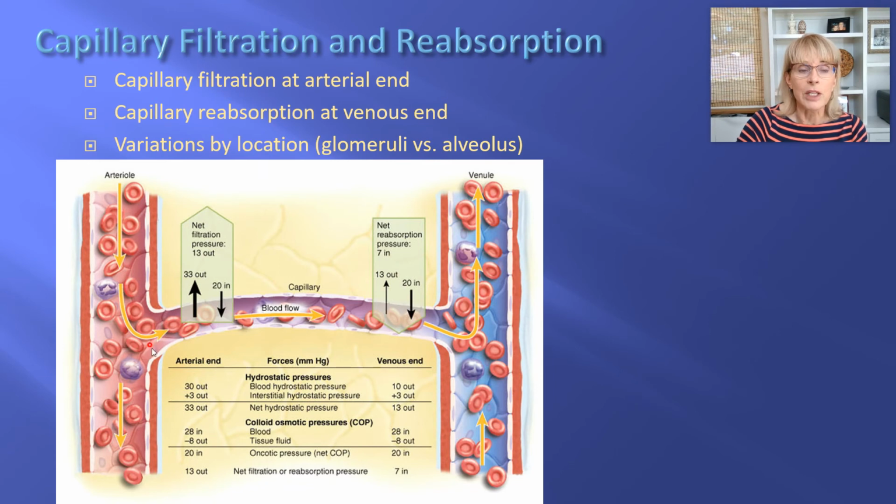So actually at the beginning of a capillary, water and small molecules that are dissolved in the water, like sodium, like potassium, like chloride, like glucose, like insulin, that is actually leaving at the beginning of the capillary. And it is going to go splashing across these cells.